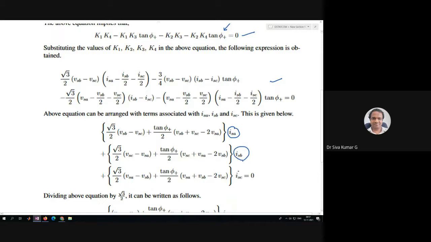Why we are representing in terms of this expression is, we have one equation of ISA plus ISB plus ISC, and this is also one of the equations, maybe of x of ISA plus y of ISB plus z of ISC equal to 0.